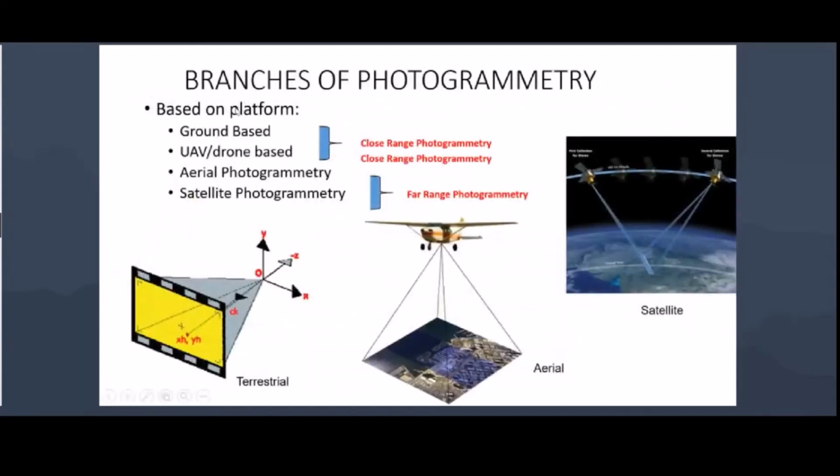So it could be done from ground-based platforms, UAV platforms, aerial platforms, or space-based platforms. We will show you examples in the coming week, how these techniques have been used, how close-range photogrammetry has been used, how UAV drone-based data has been used, and also from aerial and satellite photogrammetry, how it has been clubbed with the other data sets.